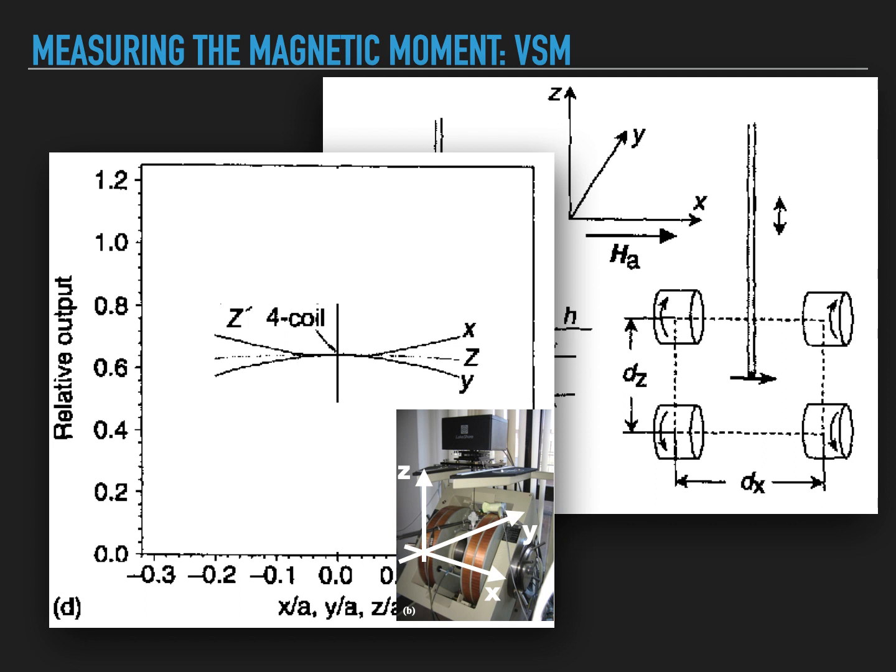The same way of reasoning applies along the Y direction. If your sample is too far away from the coils, the signal will be zero, whereas it has a maximum when the sample is in the middle of the gap.